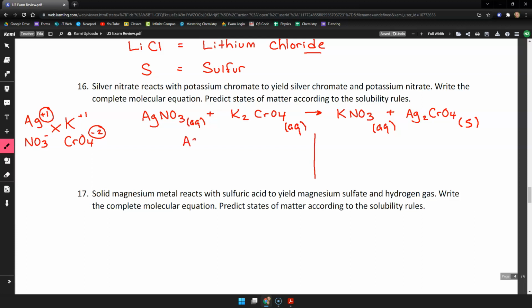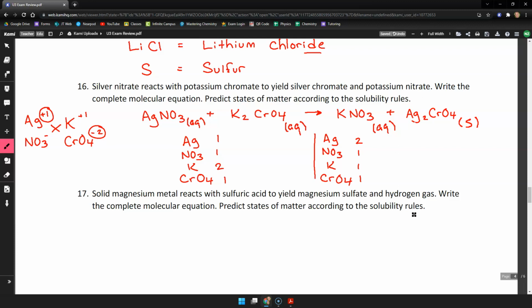So we have silver, Ag, NO3, potassium, and then chromate, CrO4. On the other side, same thing. Okay, so 1, 1, 2, 1, 2, 1, 1, 1. All right, so let's start with the potassiums.